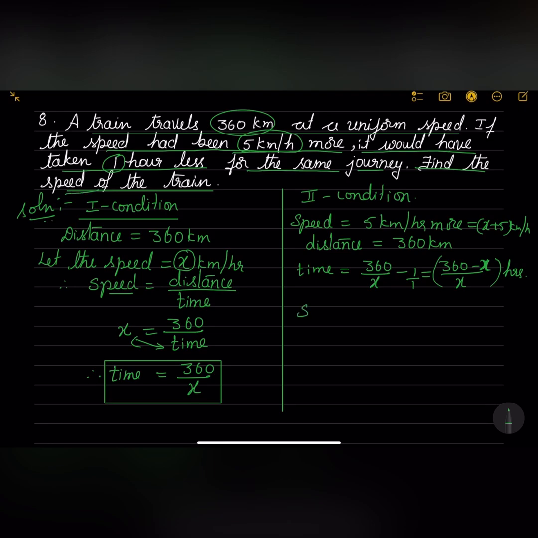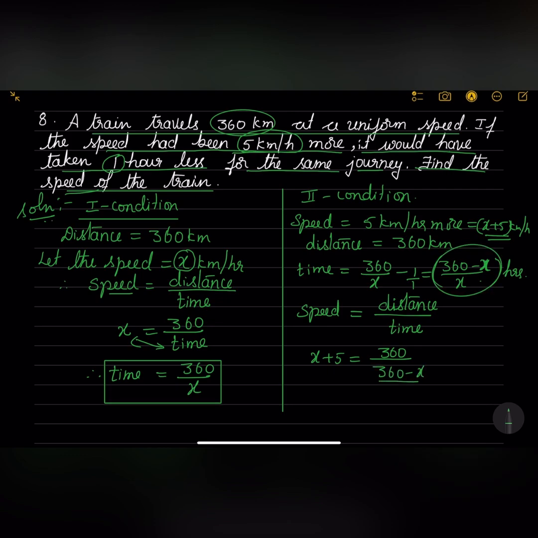So speed will be equal to what? In this case, speed is equal to distance by time. Now speed is x plus 5. Distance is the same, 360 kilometers, divided by time. Time is 360 minus x divided by x.